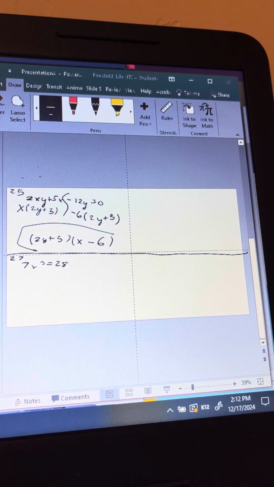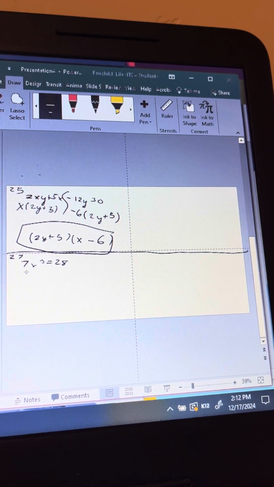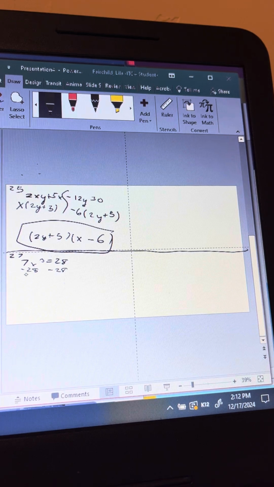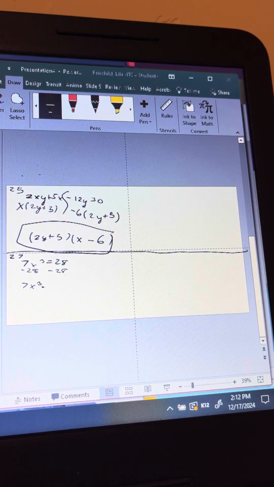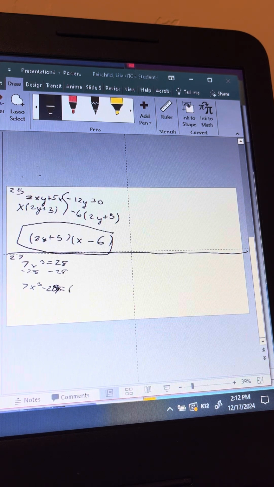And then for this last one, 27, you need to subtract 28x from both sides, and that will give you 7x to the power of 3 minus 28x equals 0.